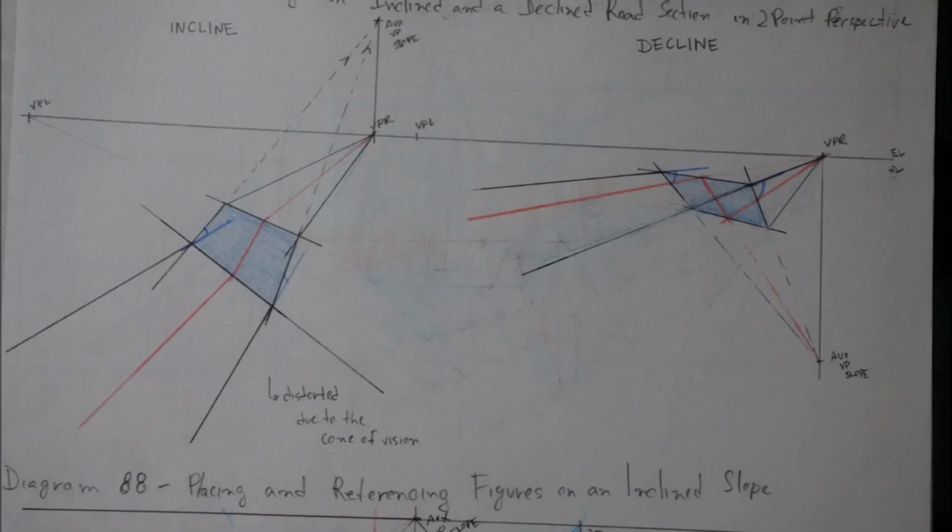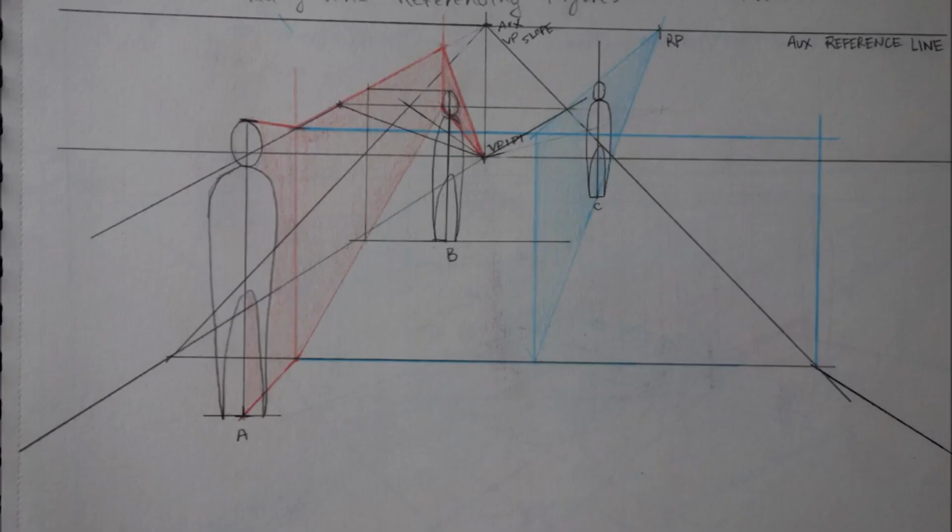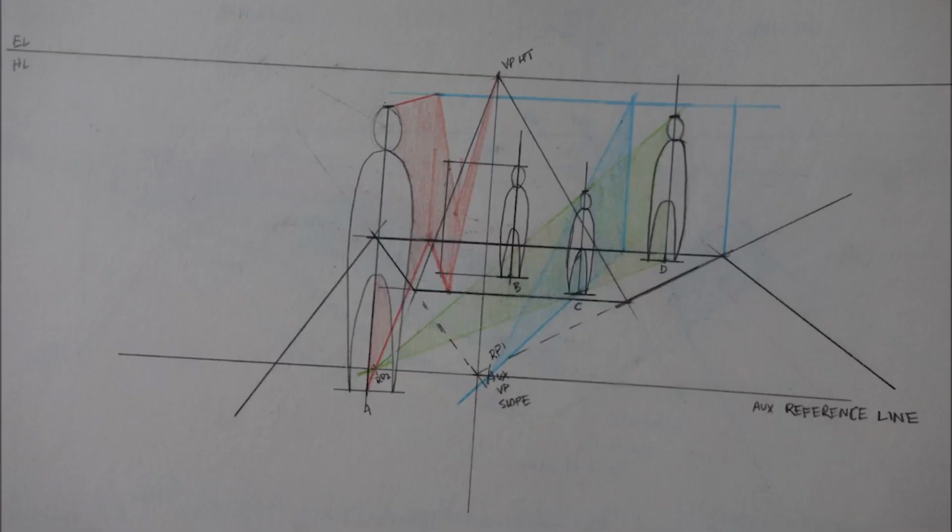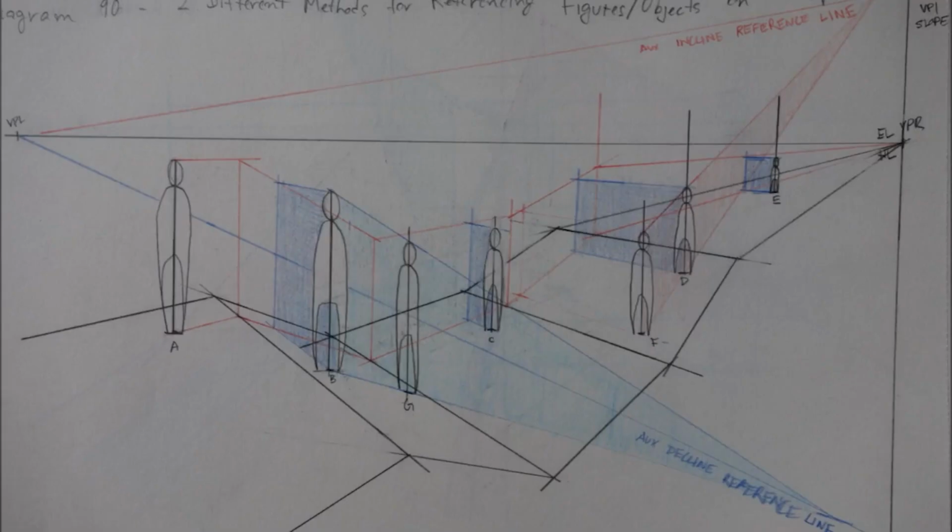So that's really important to understand if you have to build anything in perspective that has inclined planes, such as the roof of a house or any type of ramps, street scenes. If you're drawing in San Francisco, for example, you have a lot of slopes. So it's important to understand how scale correlates in those kind of situations.